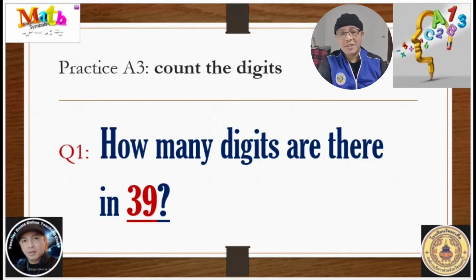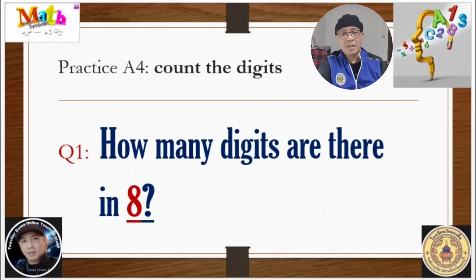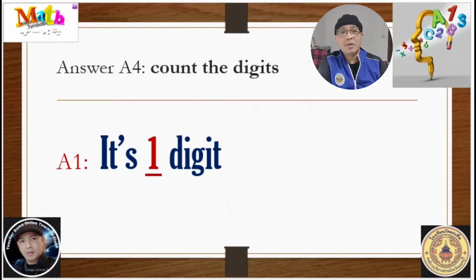Count the digits. How many digits are there in 39? It's 2 digits. Let's move on to practice A4. Count the digits. How many digits are there in 8? It's 1 digit.